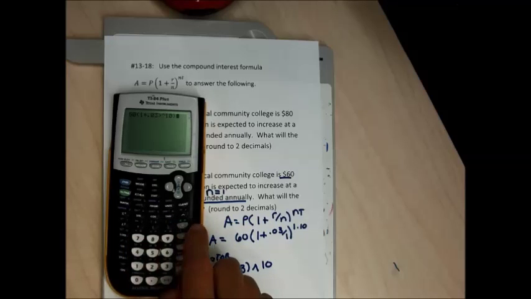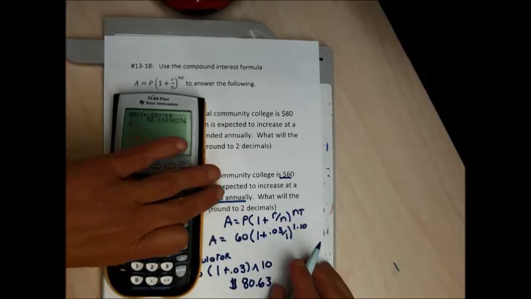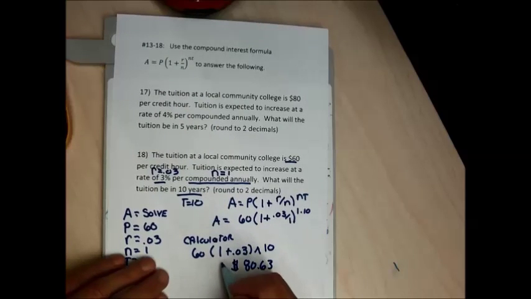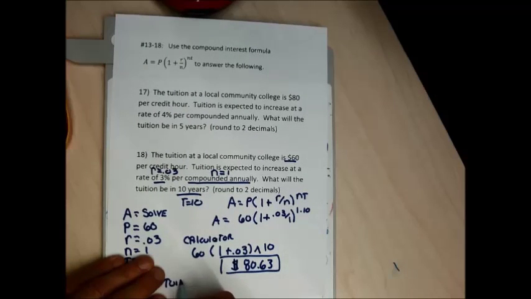Round that to 2 decimal places. It'll give me an error there if I left that parenthesis. I'm going to say the tuition's going to be $80.63 per credit hour. If I want to do words, you can say tuition will be $80.63 per credit hour.